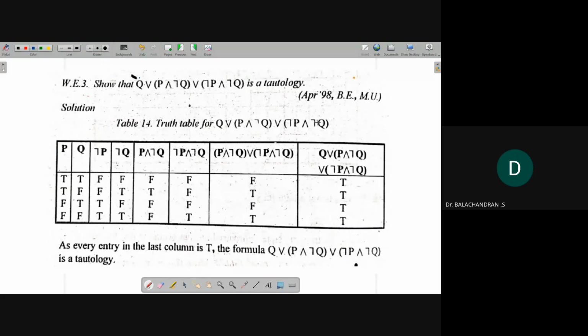It is up to you, because there is no bracket. So first they take the or between these two, and then they take the or between Q and this quantity. Okay, so I feel that this problem is slightly easier, but the number of columns is a little bit more. You can do it and understand this problem.